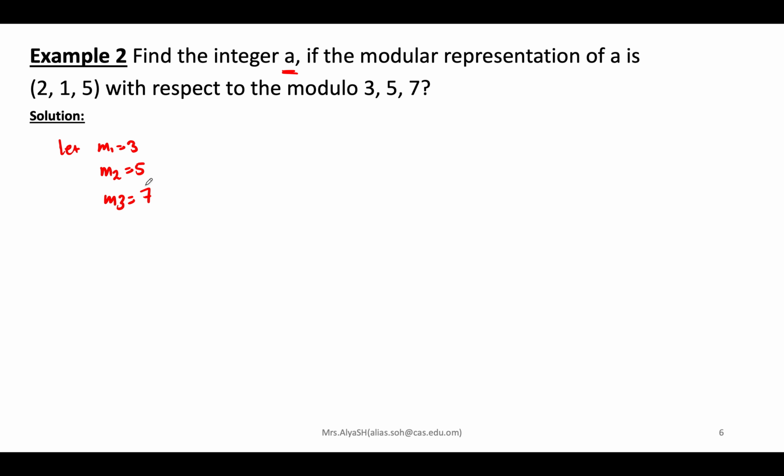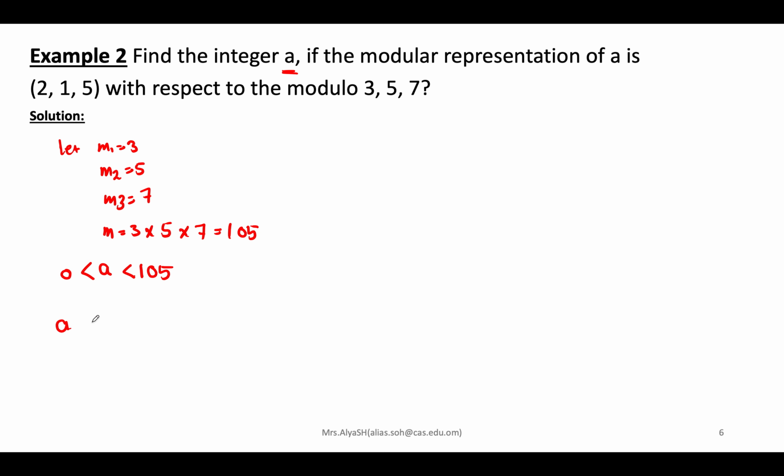So from here we can say that m is equal to 3 times 5 times 7, which is equal to 105. And now from here I know that a will be greater than 0 and less than 105.